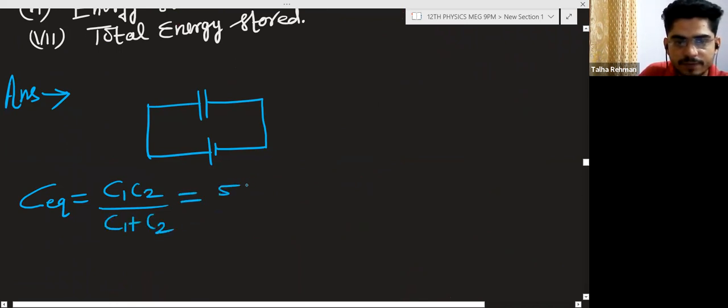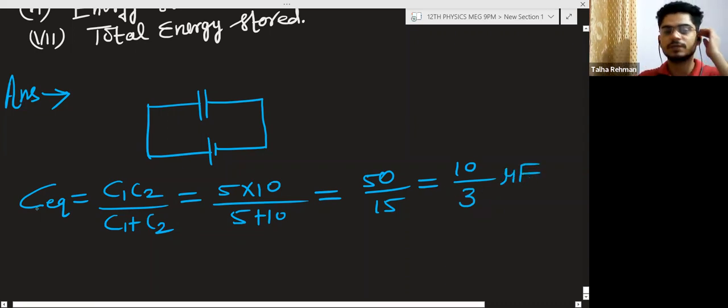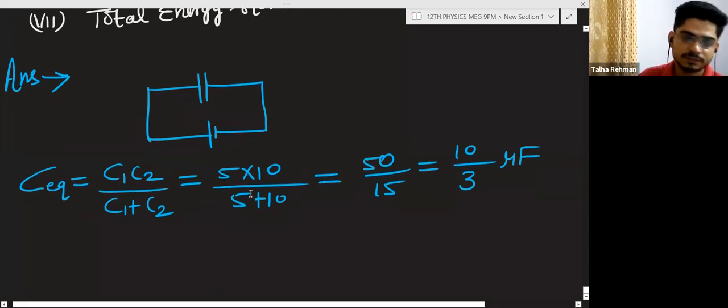C1 is 5, this is 10, this is 5 plus 10, this will become 50 divided by 15. Okay, this will become 10 by 3 microfarad. So our first answer is this C equivalent.